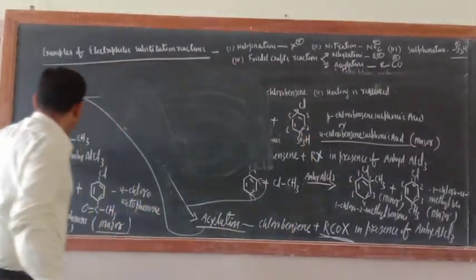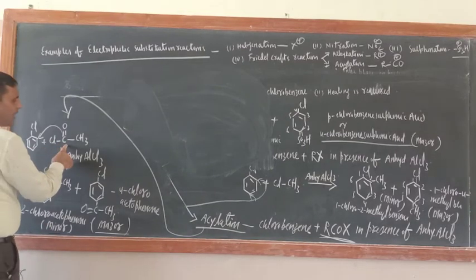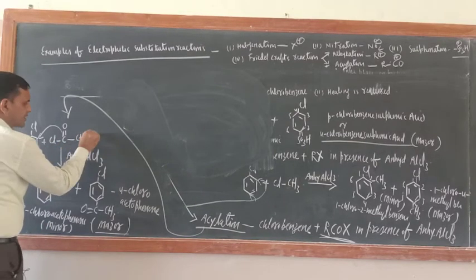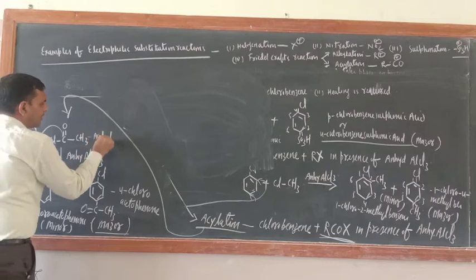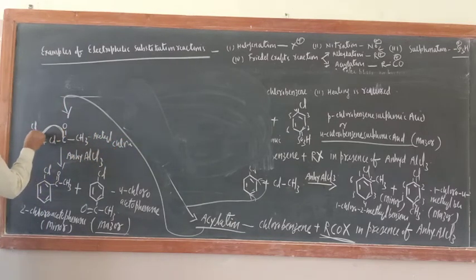This is chlorobenzene, it is reacting with CH3COCl. What is the name of this one? Acetyl chloride. This is an acyl halide. Now this part will attack here.